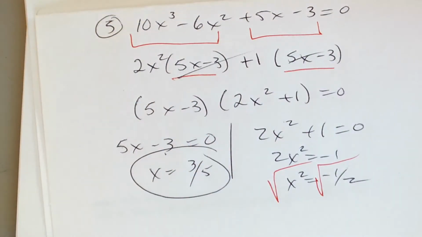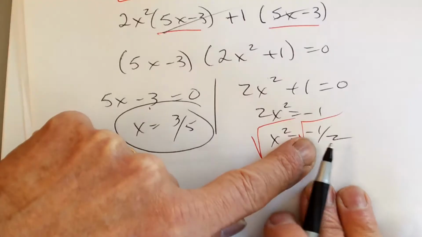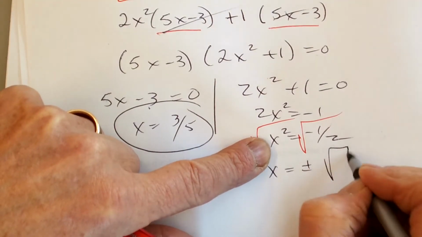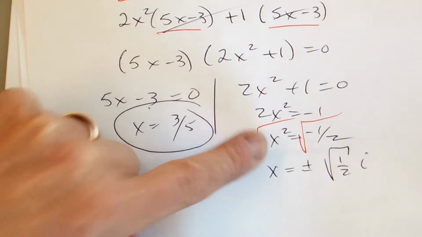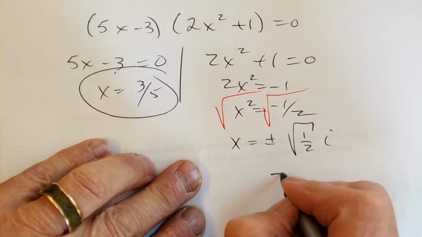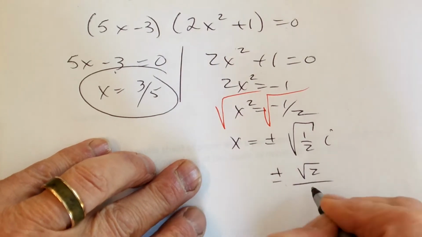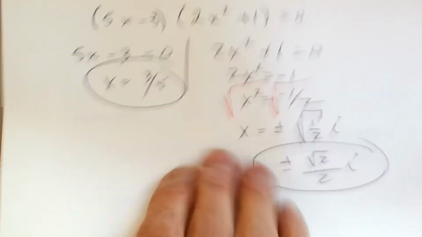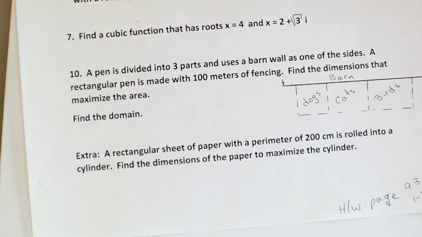That's okay. I don't mind i because I've got a square root of a negative number. I'll have x is equal to plus or minus the square root of 1/2 i, or a better answer that I like, if you rationalize, is plus or minus the square root of 2 over 2i. Okay, there we go. Now, moving on. So, number 6.